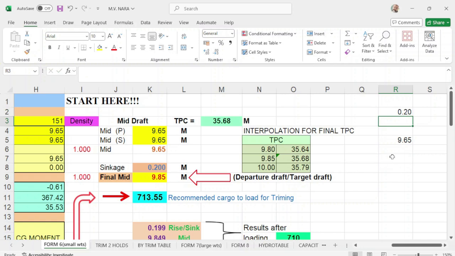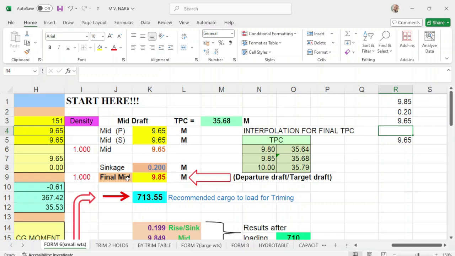So what I did was put here 9.85, okay, to get the sinkage equals 9.85 minus your sinkage, then you will have this 9.35, which is this one. And your sinkage now is 20 centimeters.